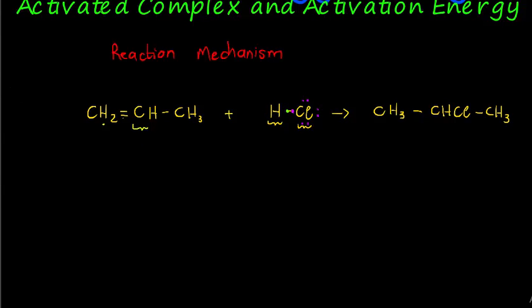So if that happens, and let's do that in a different color, we've got this electron here and this electron there. This blue electron is the most likely one to get donated. But how will that happen? Well, it can only happen if there is a collision between these 2 molecules.